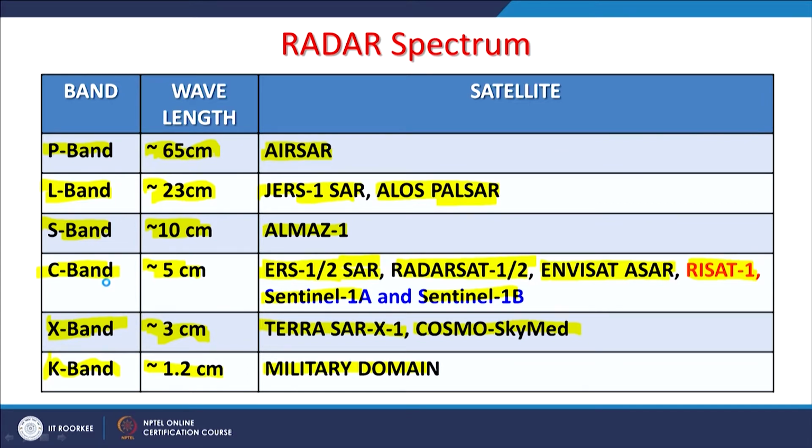The most common one nowadays, which ISRO has also found, is the C band, which is around 5 centimeter. It is basically a compromise between shorter and longer microwave wavelengths, and in between you have the 5 centimeter wavelength, that is the C band.